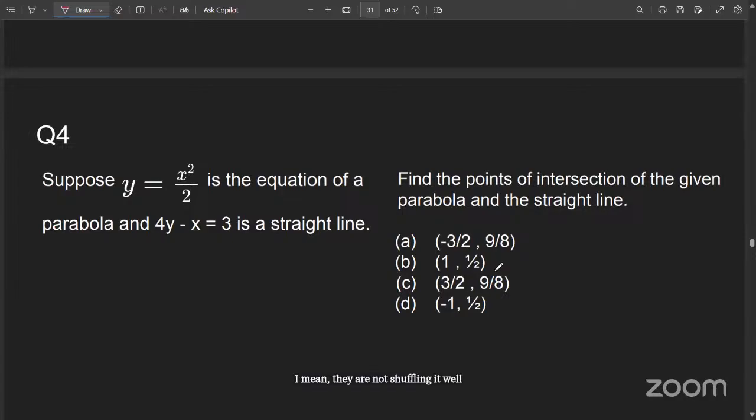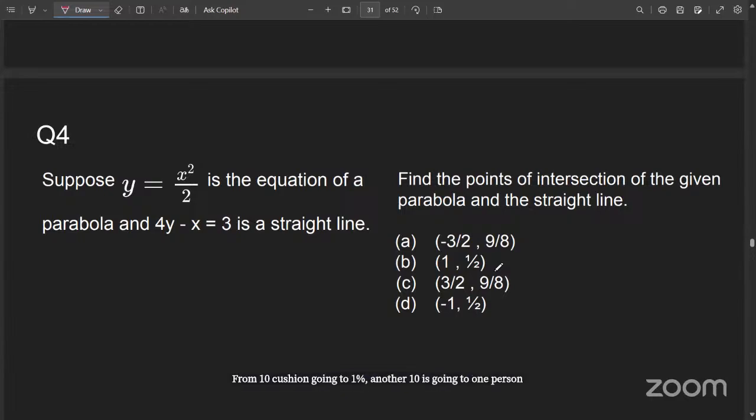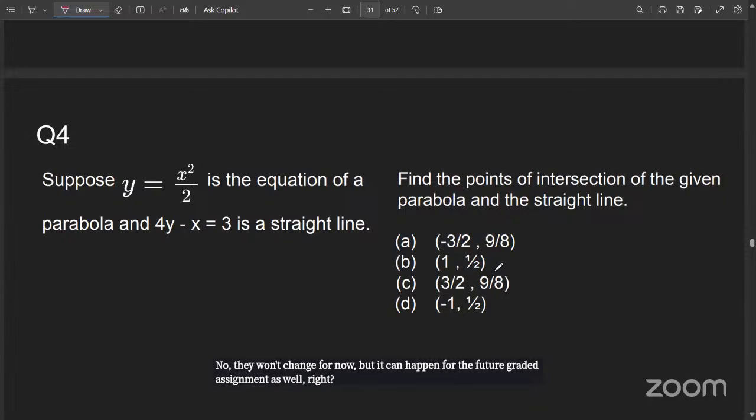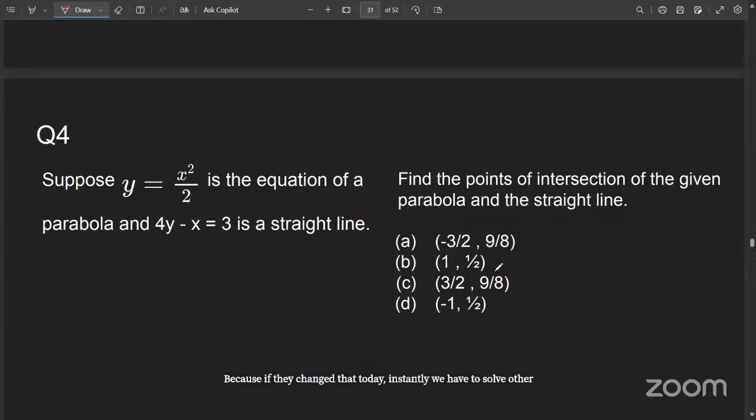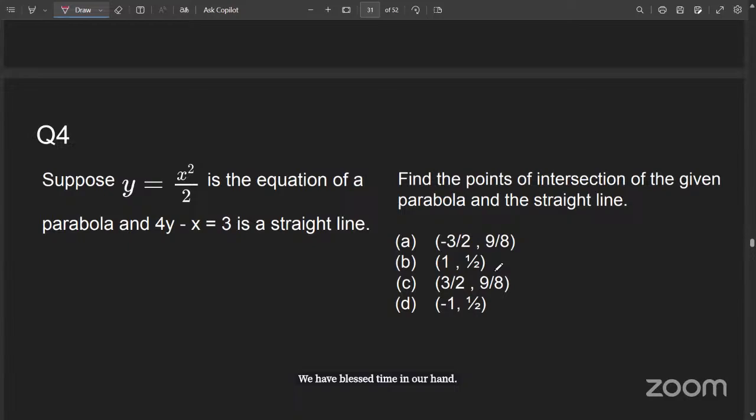They are sending you serial wise, from 10 questions going to 1%, another 10 going to 1%. They won't change it for now, but it can happen for future graded assignments as well, because if they changed it today, we would instantly have to solve other questions, and we have less time in hand.